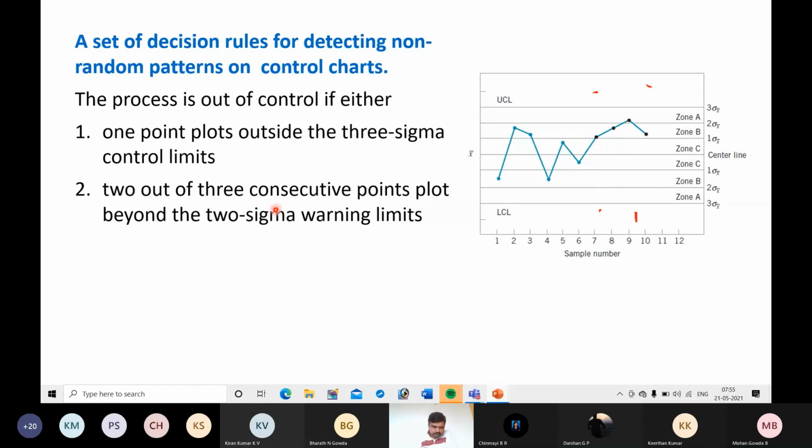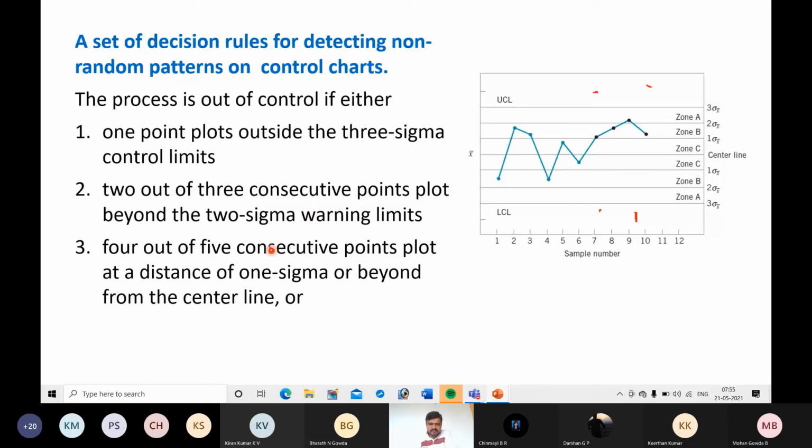Next, 4 out of 5 consecutive points plot at a distance of 1 sigma or beyond from the center line. Now we are evaluating by considering the 1 sigma limit, plus 1 sigma and minus 1 sigma.